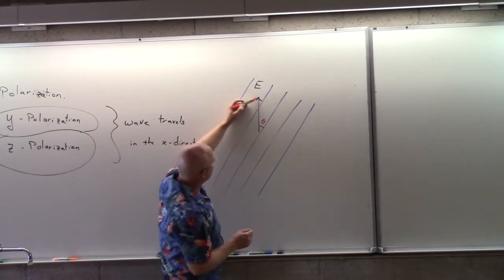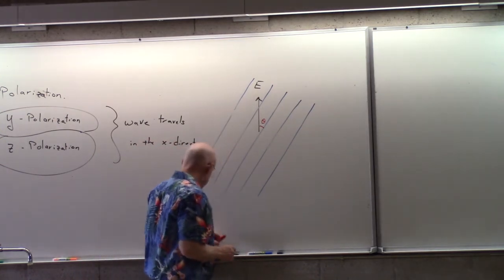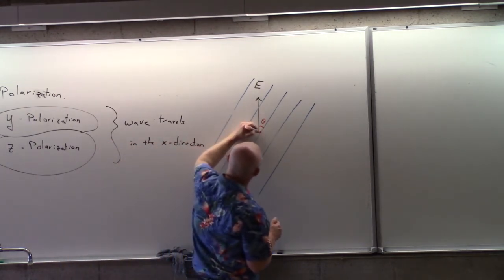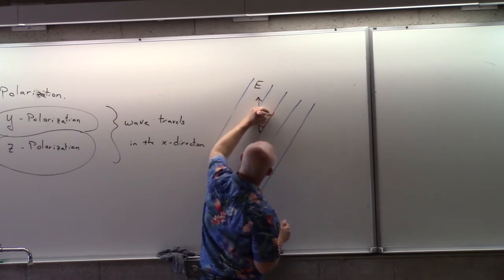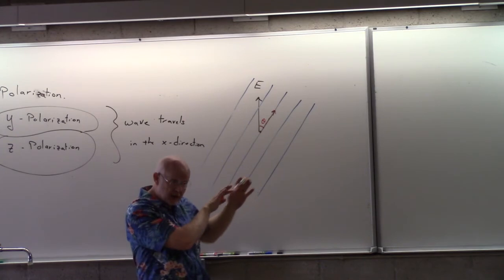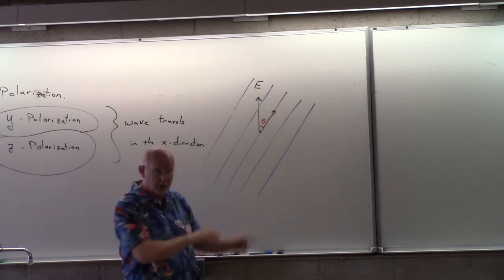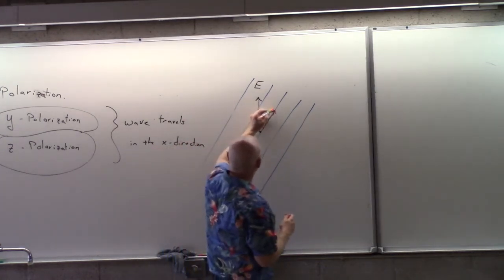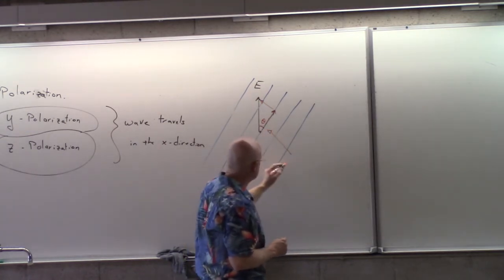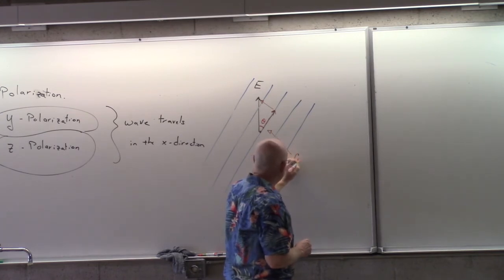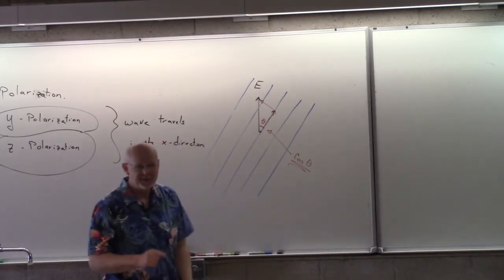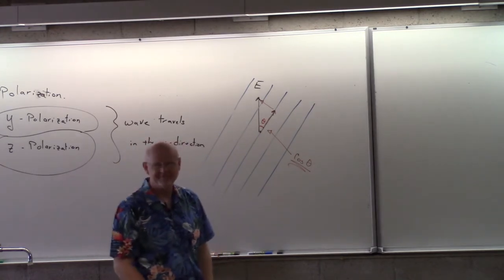But you can think of this electric field as being made out of a component that is along the direction of the second barbecue grill and perpendicular. And the part that gets through would then be reduced by a factor of cosine theta.